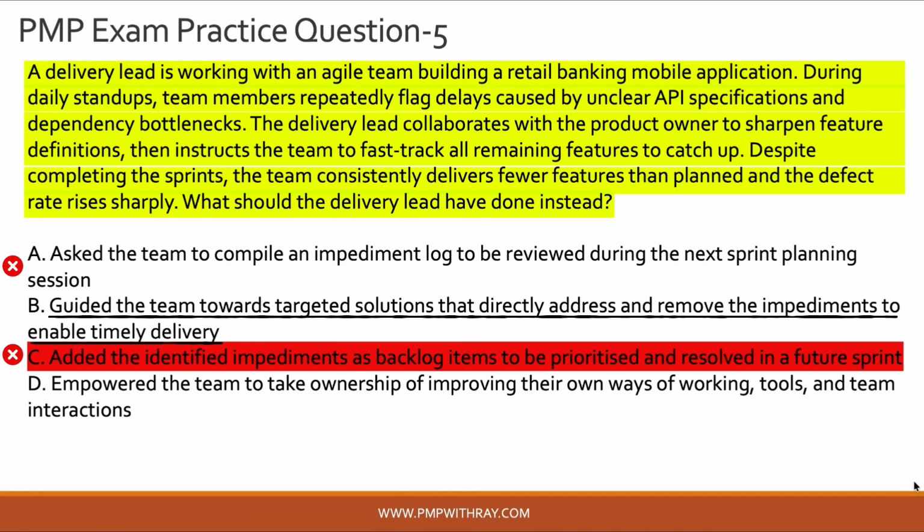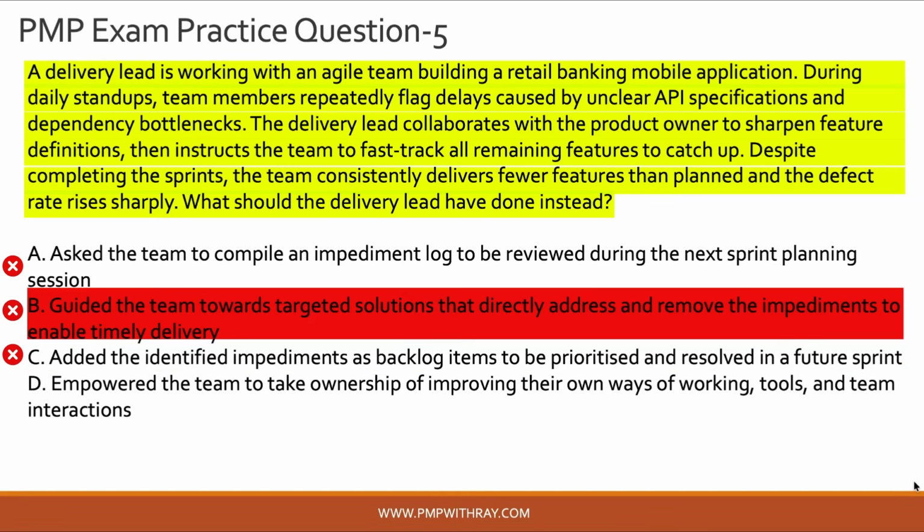So that's not really servant leadership. Though option B has the word guide, it also has the phrase targeted solutions, which means the solutions have already been decided without involving the team, and you are now simply deploying them. That is why option B is an incorrect answer choice, but a very, very close one.